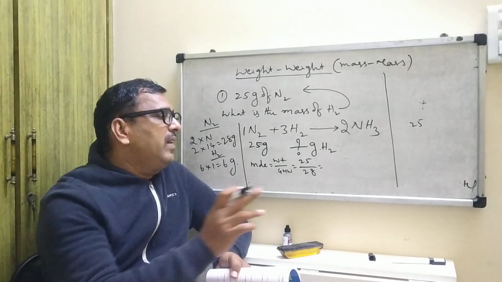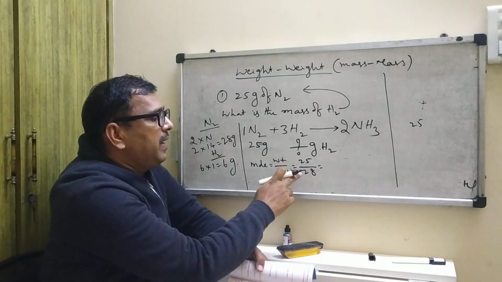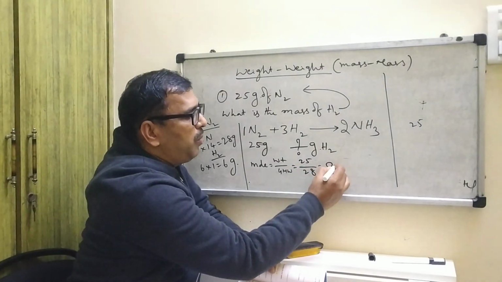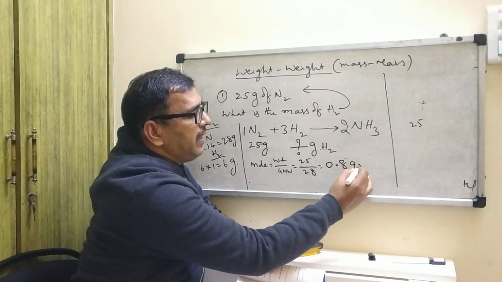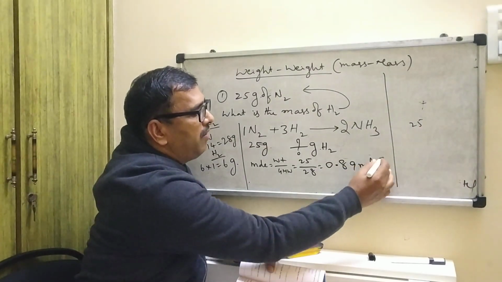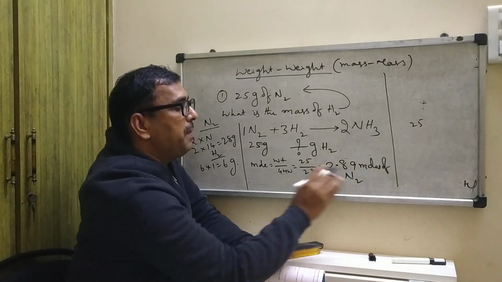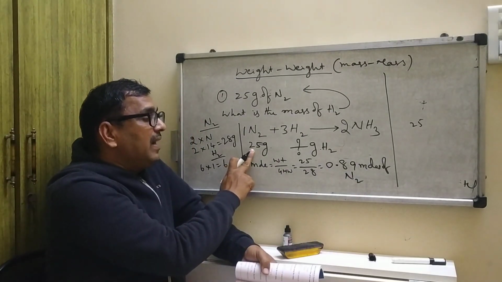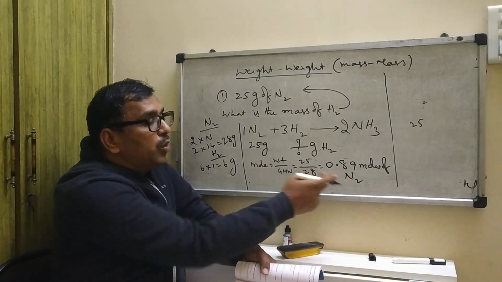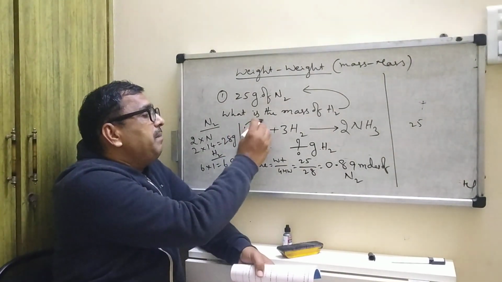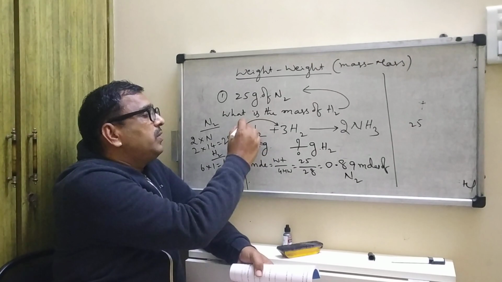So 25 divided by 28, from this calculation, 0.89 moles of nitrogen is formed. We converted 25 grams into moles, because we need the relation between moles and moles from this equation.